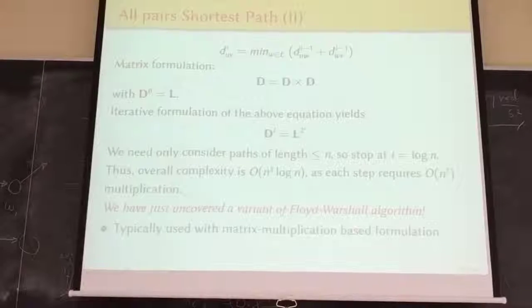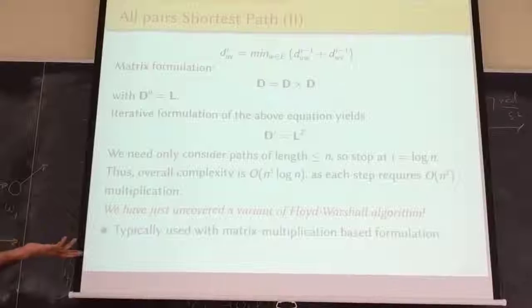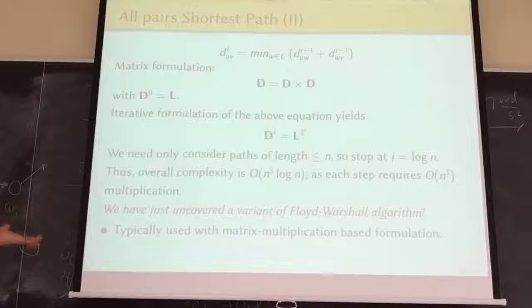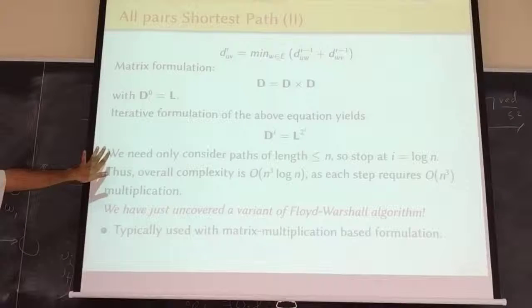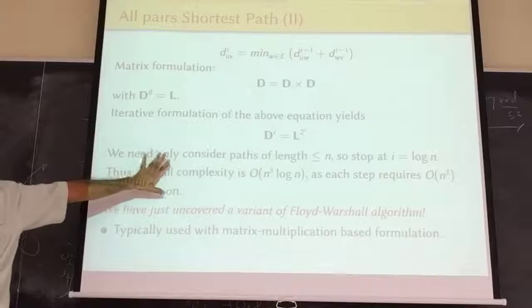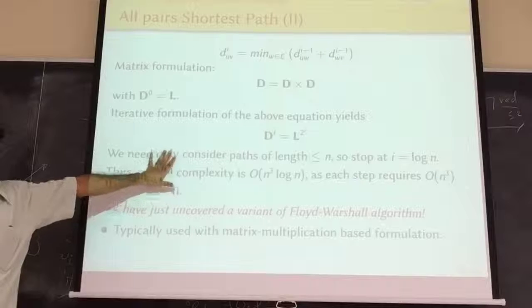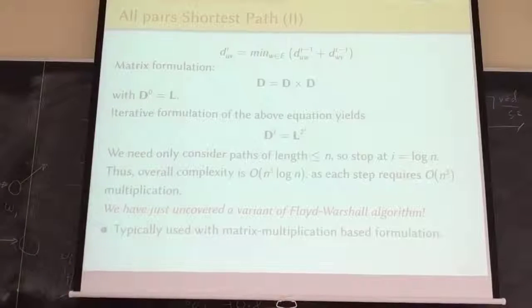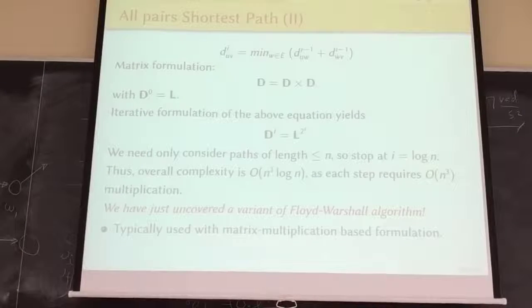In a sparse graph, Dijkstra's is actually better. But of course, you have to keep in mind that this formulation doesn't have the limitation of no negative costs. Edge costs can be negative here because we are not making the assumptions that we made in Dijkstra's algorithm.